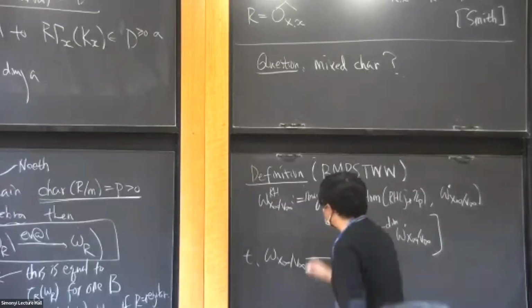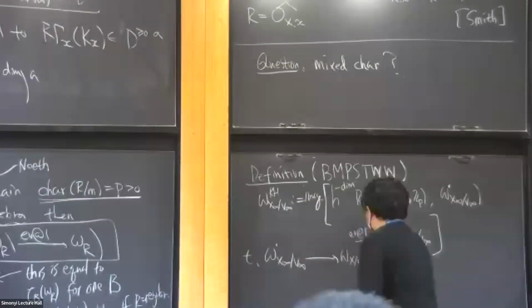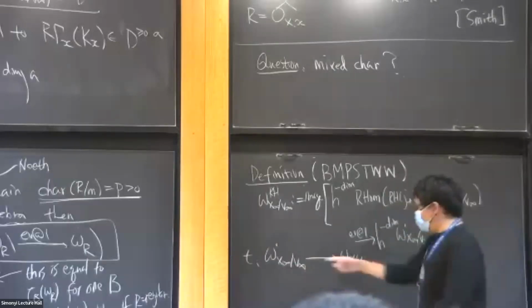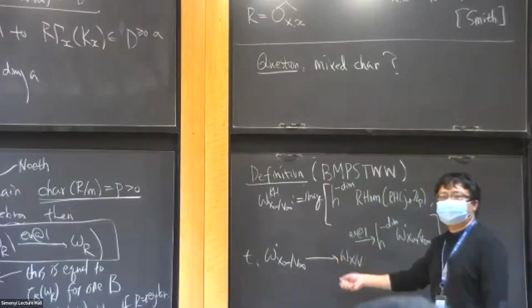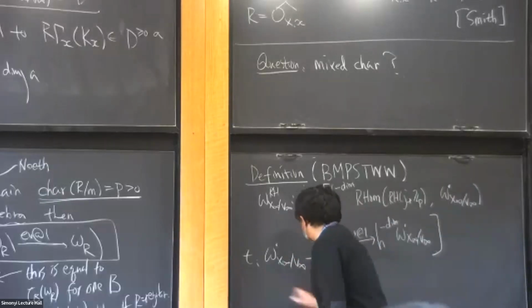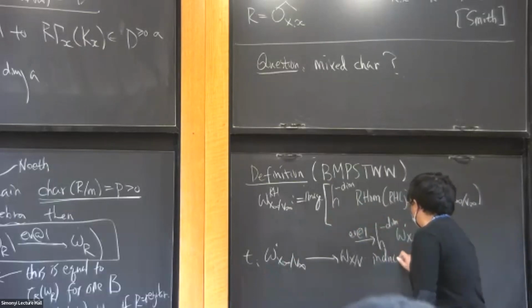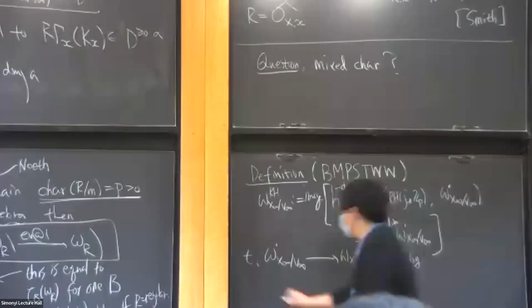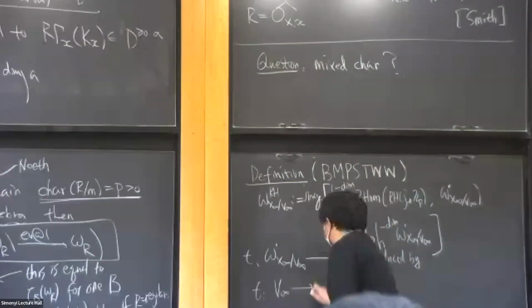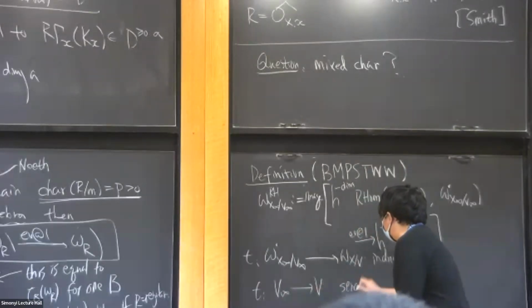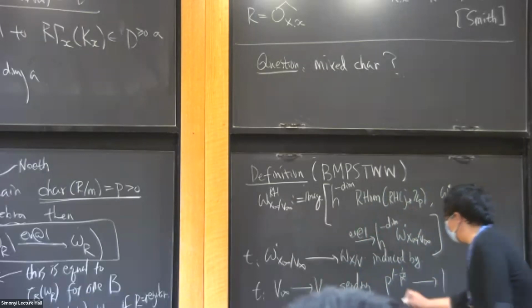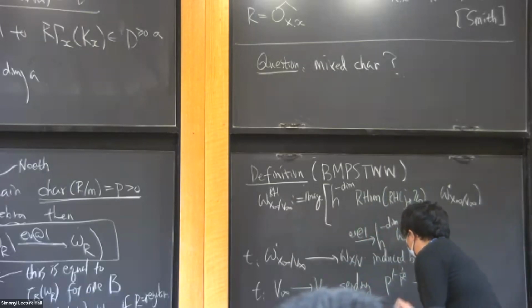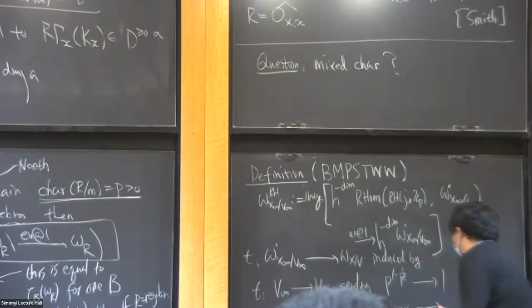There's a map from here to here, but since I'm in this relative version, this is really this one tensor with V infinity. So T is really induced by T from V infinity to V, by sending this basis element p to the 1 minus 1 over p to the e, to 1, and other basis elements to 0.